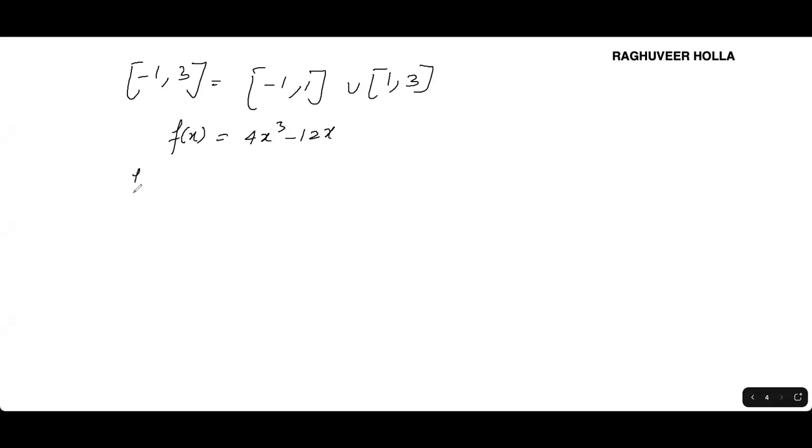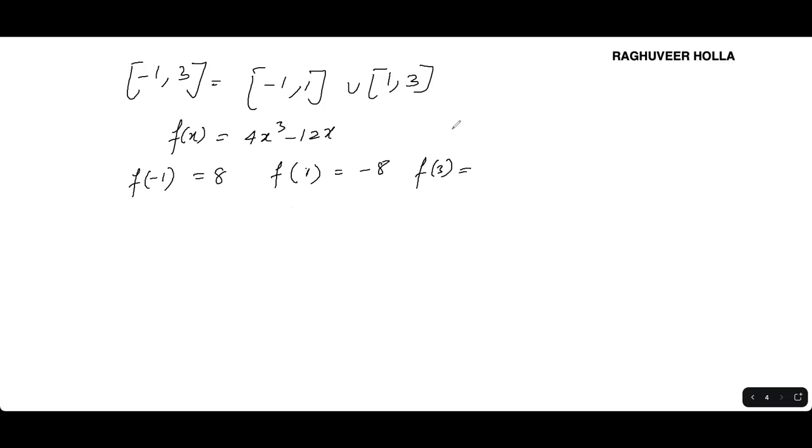When you put x as -1, you get 8. And f of 0 is 0, and if I put 1, you get -8. Let us put f of 3 here.